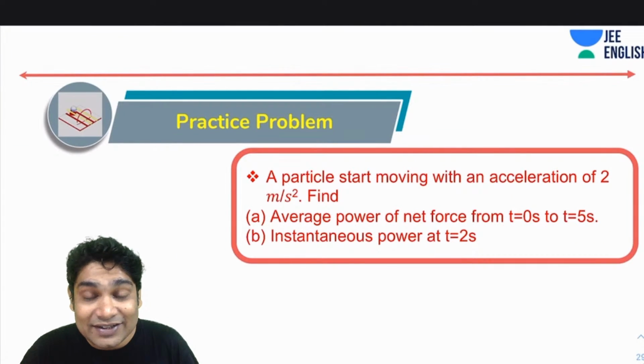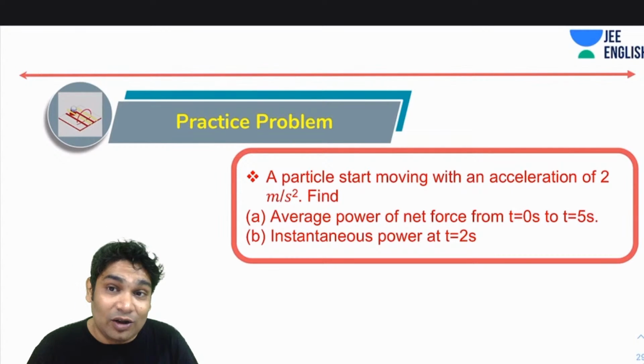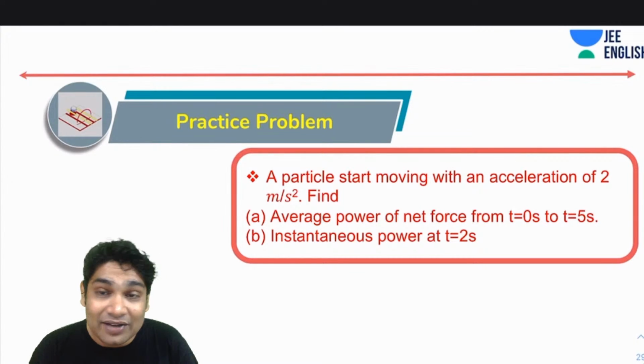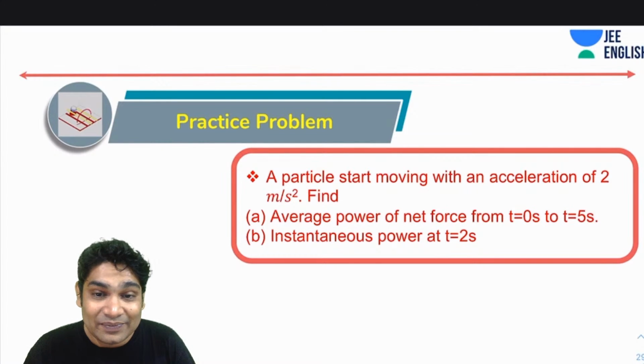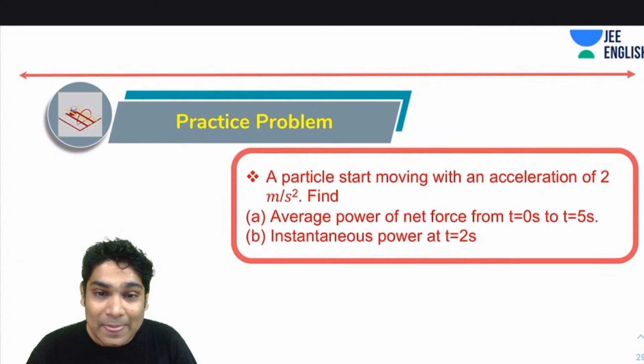Similarly, there's your second problem. A particle starts moving with an acceleration of 2 meter per second square. You have to find the average power of the net force between time instants of t equals 0 and t equals 5, and you have to find the instantaneous power at t equals 2 seconds. Okay, take the screenshot of this one quickly.